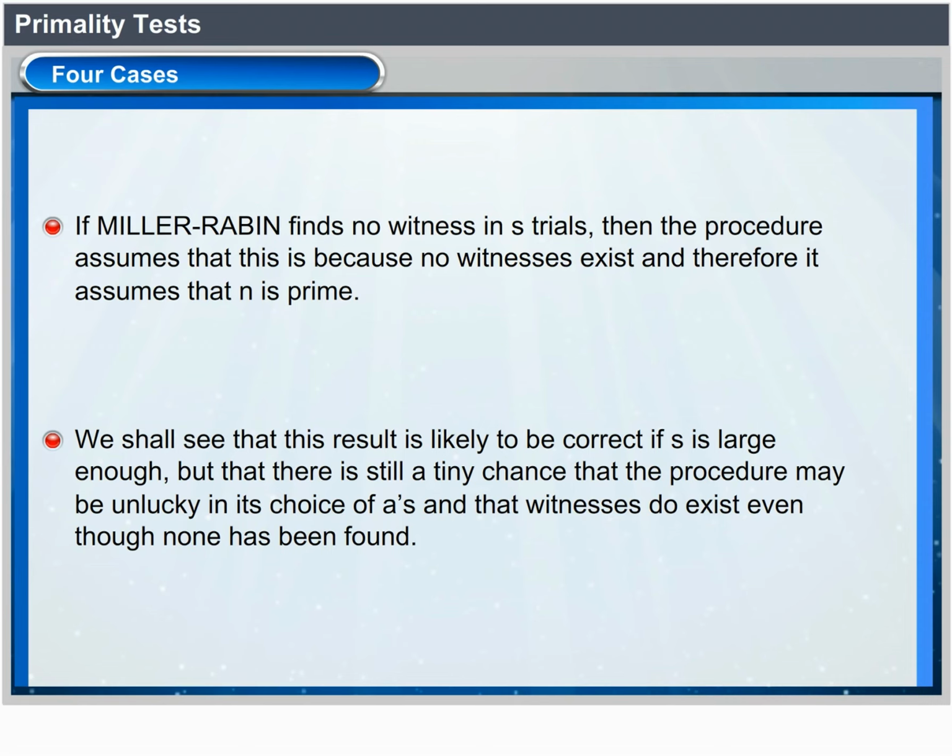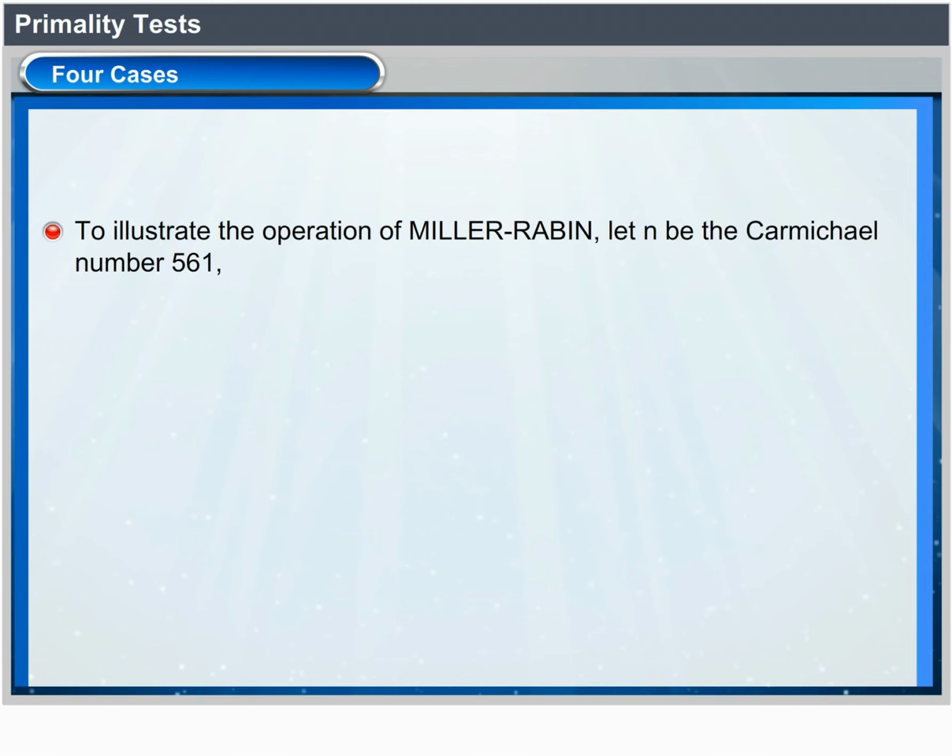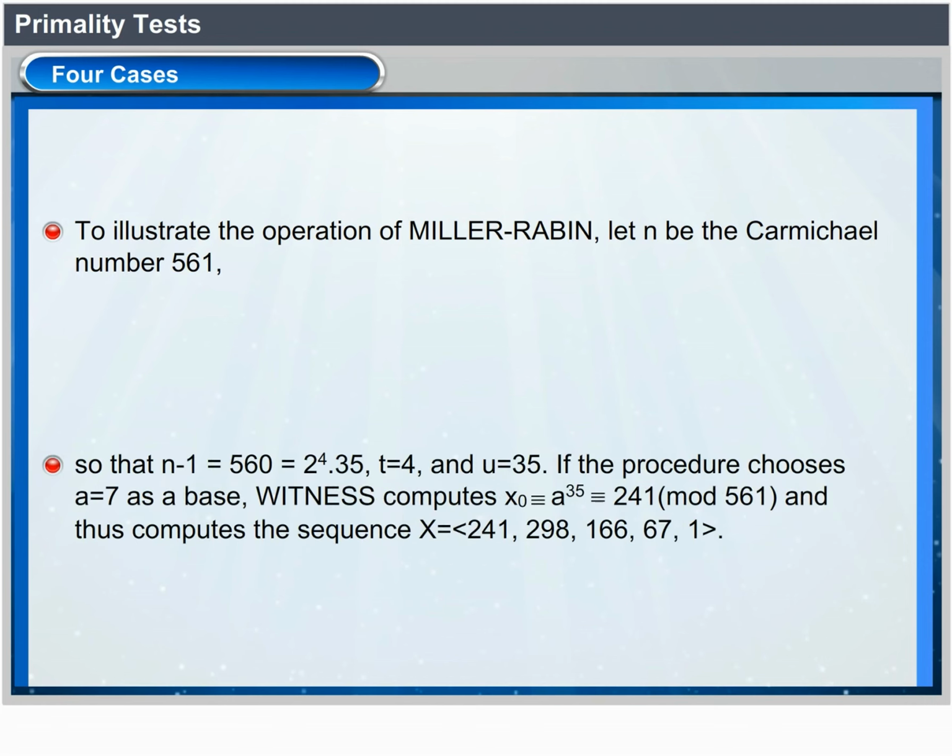To illustrate the operation of Miller-Rabin, let n be the Carmichael number 561, so that n minus 1 equals 560, which is 2^4 times 35, t equals 4 and u equals 35. If the procedure chooses a equals 7 as a base, witness computes x_0 equivalent to a^35, which is equivalent to 241 mod 561, and thus computes the sequence x equals 241, 298, 166, 67 and 1.